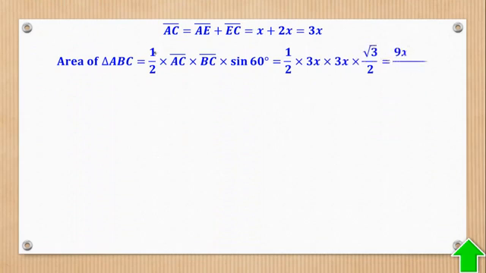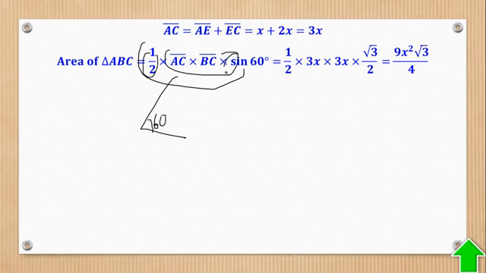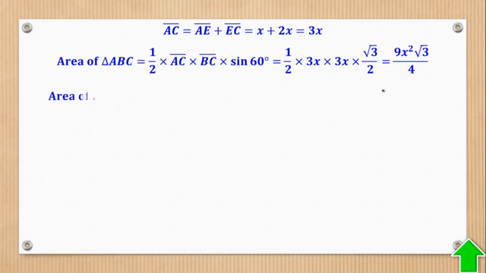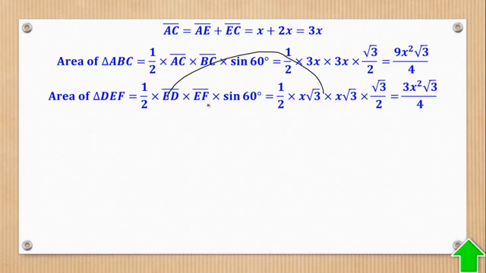Then area. I think you remember this formula: given two sides enclosing an angle, the area is a half times those sides times sine 60. So AC was 3x, BC 3x, in the end we'll come up with that. Then also area DEF, you come up with this.